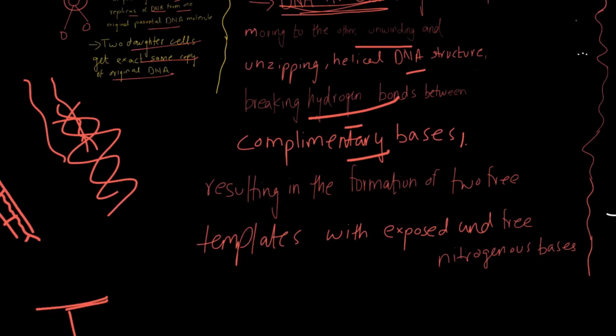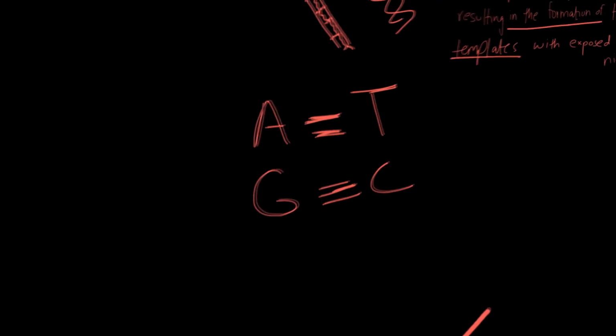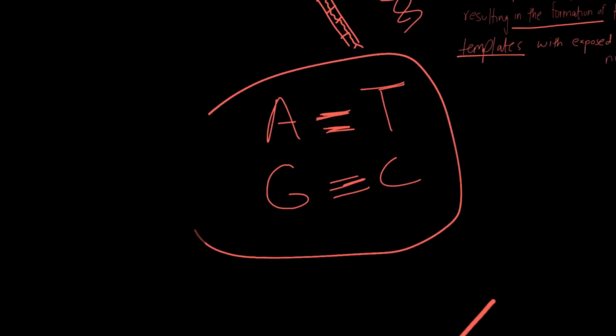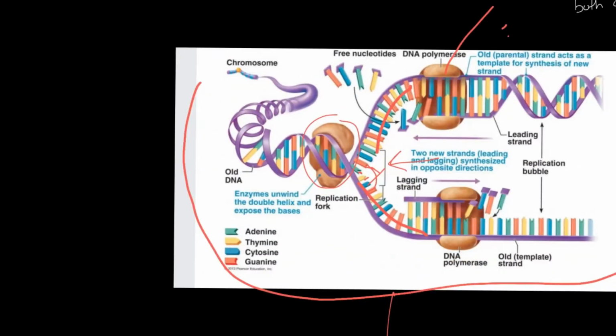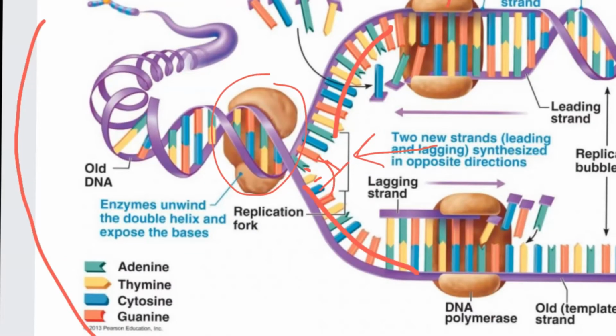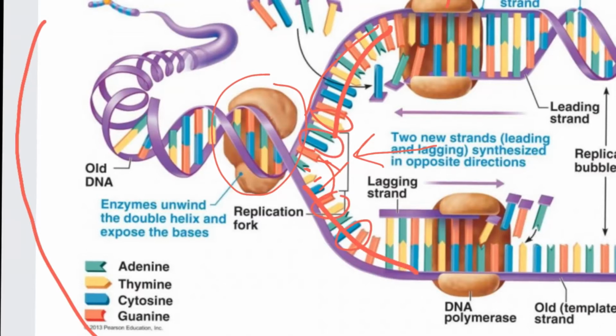Thus, as mentioned, after breaking the complementary bases, it results in the formation of two free templates with exposed nitrogenous bases. These complementary bases, adenine and thymine, guanine and cytosine, are set bases complementary to each other. When the hydrogen bonds between them are broken, they're exposed as free templates, and these are the nitrogenous bases, right? So this is what it signifies.